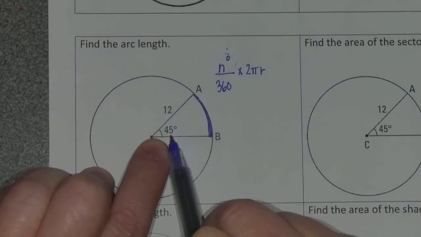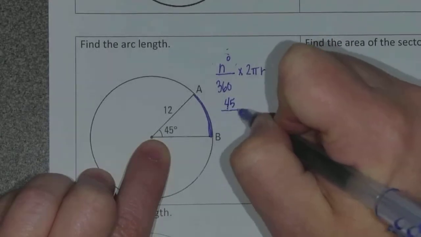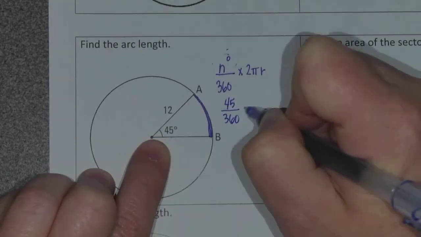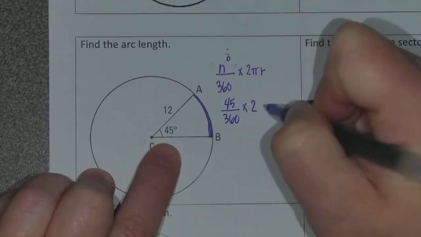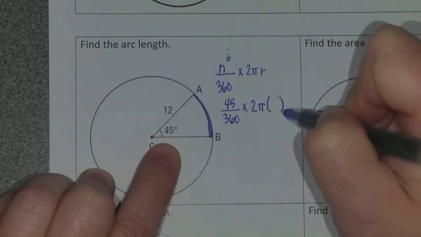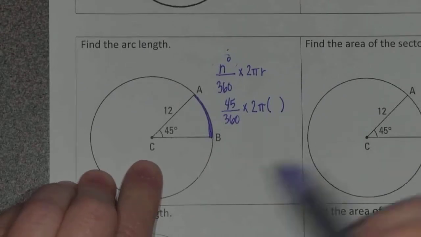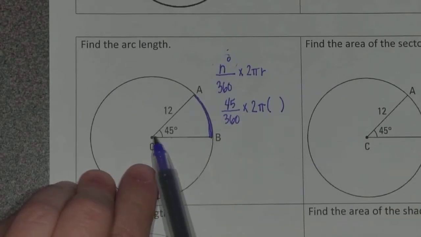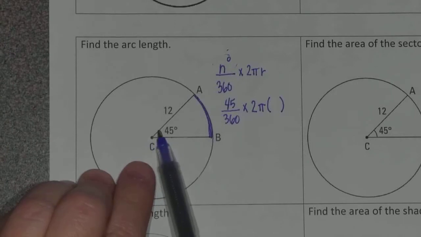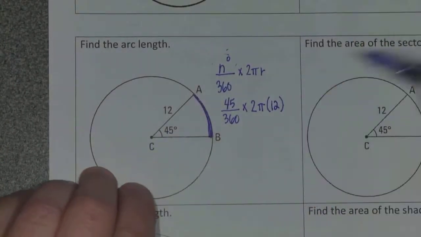The degree is 45. So I'm going to go 45 over 360. I'm going to times that by 2 and then by pi and then by the radius. Anybody know the radius of this? Yeah, it's 12. The length of my radius is 12.